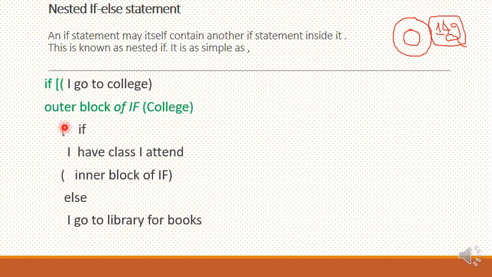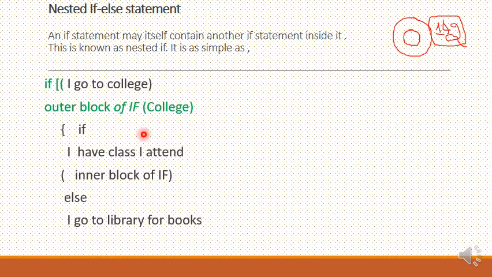Just for your understanding, this is the outer if statement. In one if statement, we have written another if-else statement. If this condition is true, then it is going to check the next condition. If this condition is true, this block is going to execute, else this block is going to execute.